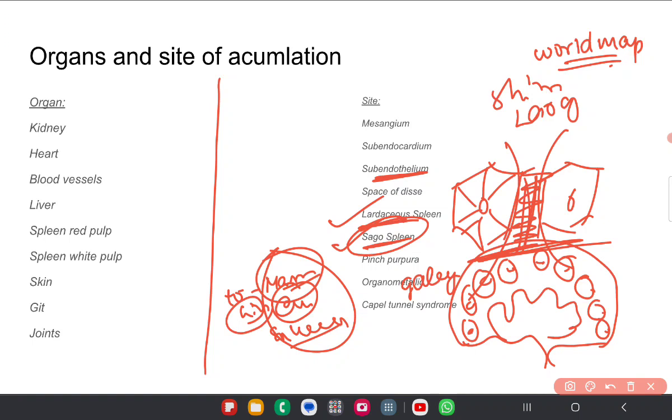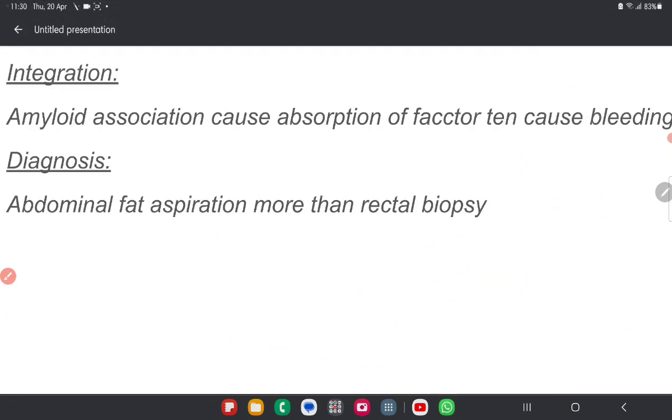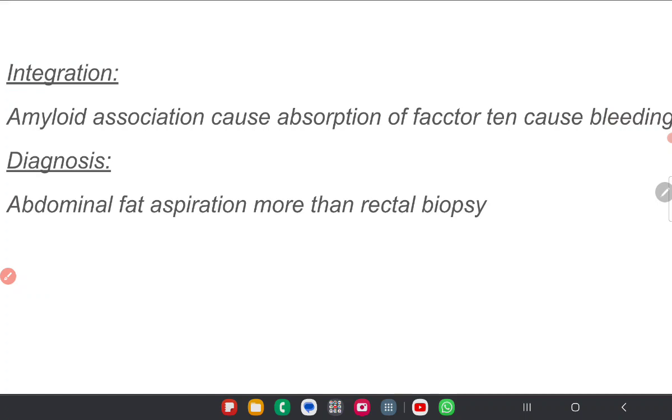Joints. We already explained about tendons and all. In joint accumulation, entrapment of the flexor sheath of the hand leads to median nerve entrapment, causing carpal tunnel syndrome. Next, in coagulation, amyloidosis causes absorption of factor 10, causing bleeding.